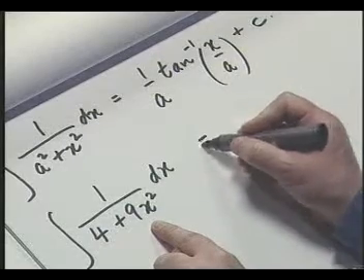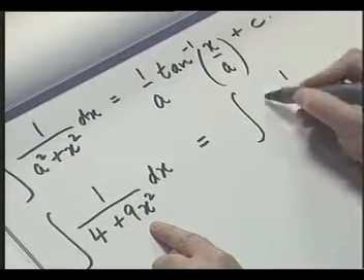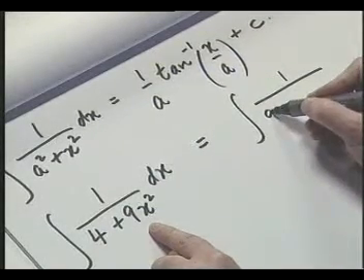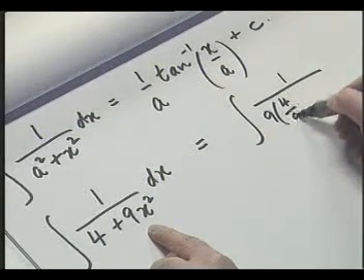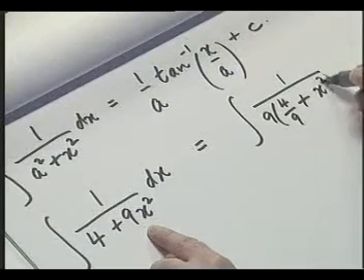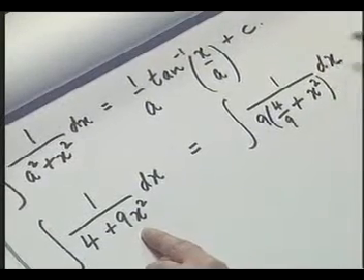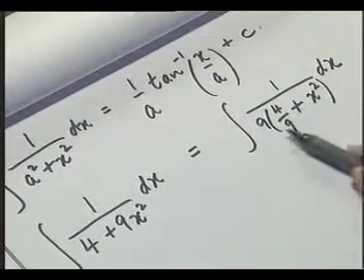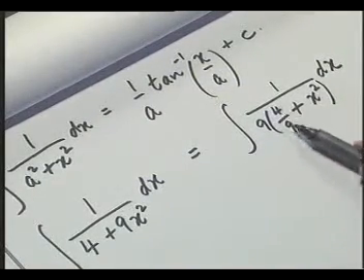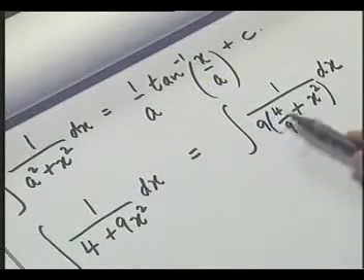So I'm going to write the denominator like this. So I've taken a factor of 9 out. You'll see if we multiply the brackets again here, there's 9 times 4 over 9, which is just 4, and then 9 times the x squared.